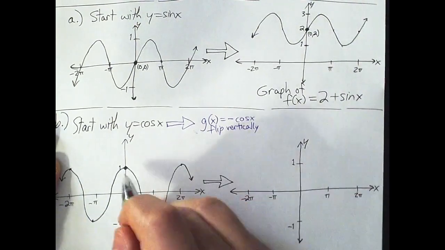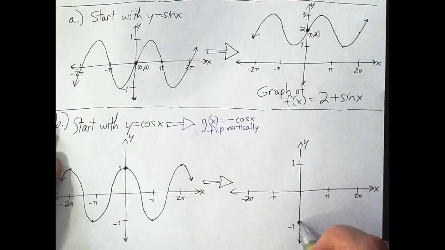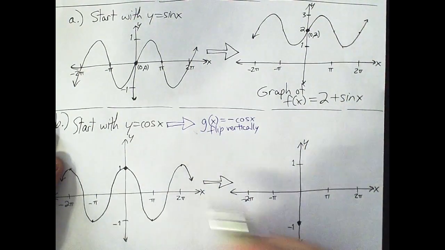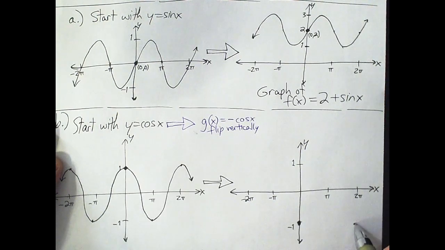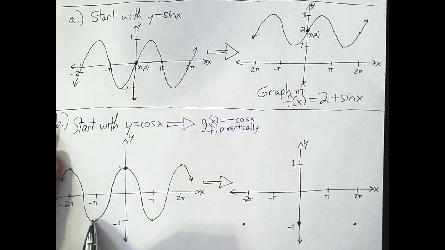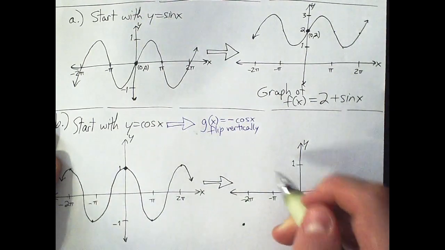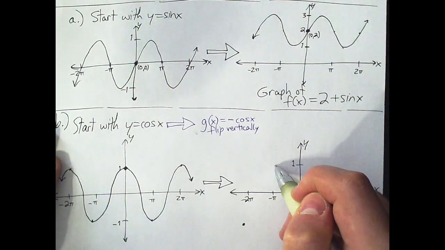Instead of passing through the point 0, 1, that point has been flipped. It's now down here. All the points that were at a height of 1 are now at a height of -1 down here. All the points that were at a height of -1 get flipped, and they wind up at a height of +1.